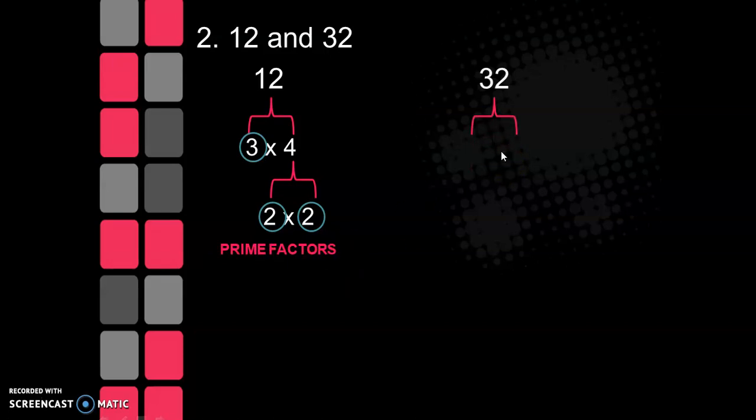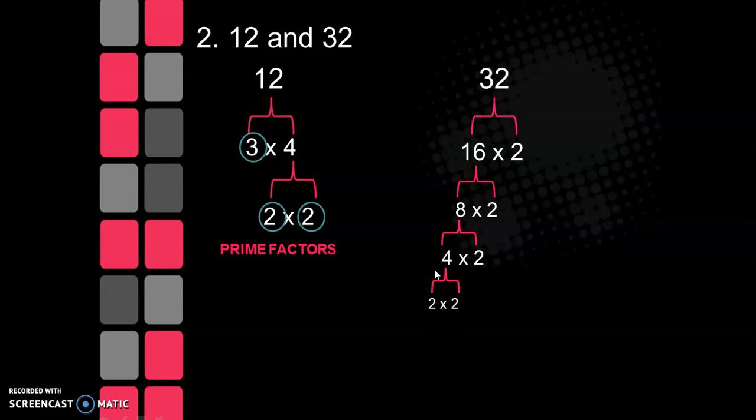The factors of 32 are 16 and 2. The 2 cannot be factored because it is prime, so only 16 is left. The factors of 16 are 8 and 2. It could also be 4 and 4, it depends on you, because there are many factors, as long as we come up with the prime factors. The factors of 8 are 4 and 2. 2 is already a prime number, however 4 needs to be factored, so we get 2 times 2.